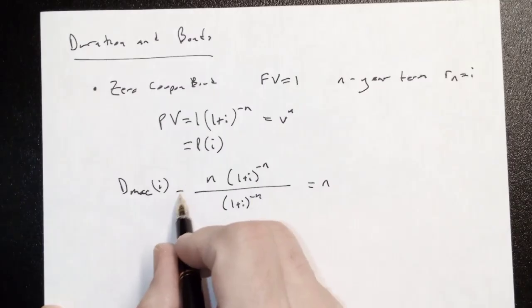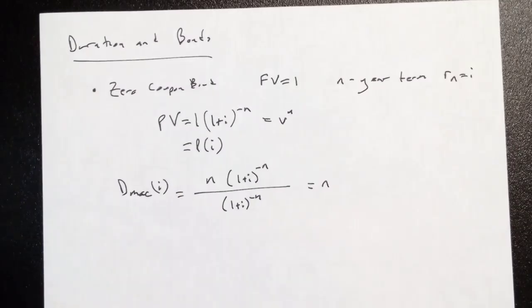Oh, that is exactly n, just what I wanted. And that matches with what we came up with Tuesday, that the Macaulay duration of a single payment is the term of that payment.